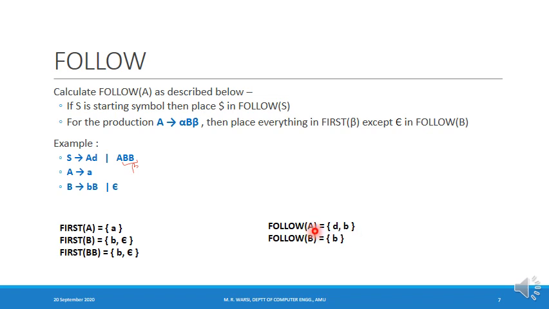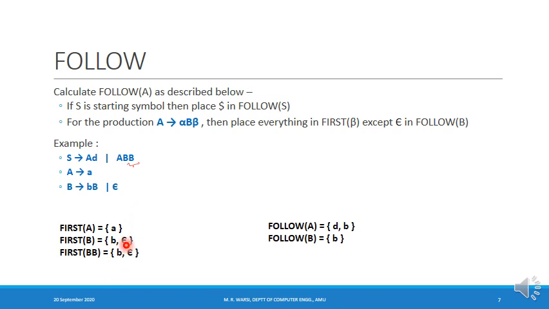Now let's consider this to be beta. Now I can say that symbols which are there in the first of capital B will be added to the follow of capital B except epsilon. First of capital B is containing B and epsilon.